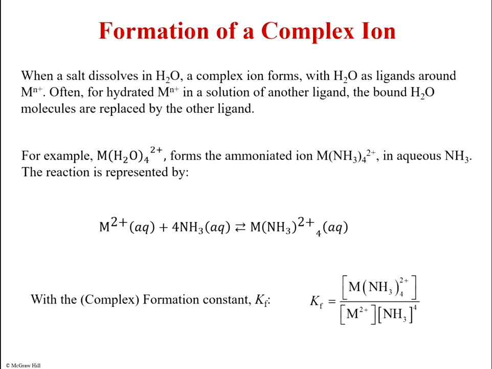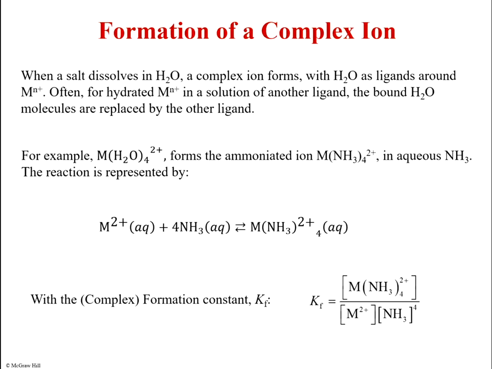Complex ions can be formed in water. So when a salt dissolves in water, the complex ion forms. The water initially acts as a ligand, bonding to the metal. So often when we have a hydrated metal in solution with another ligand, the bound water is replaced by another ligand.